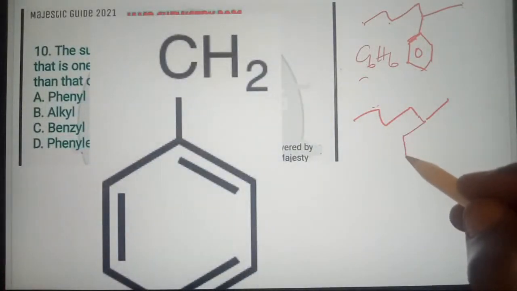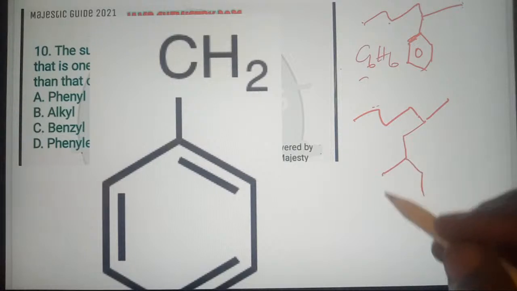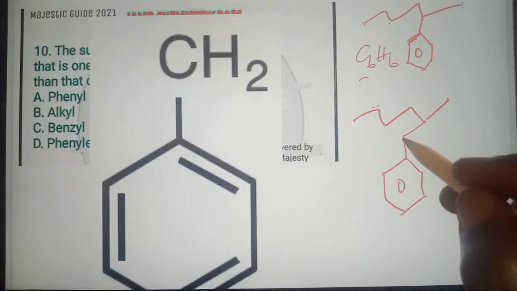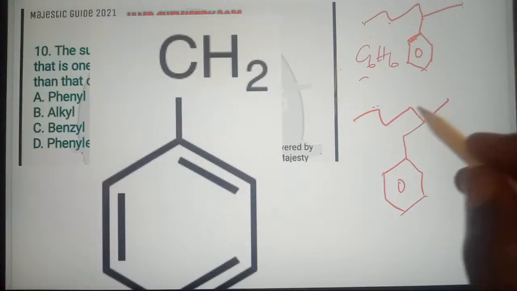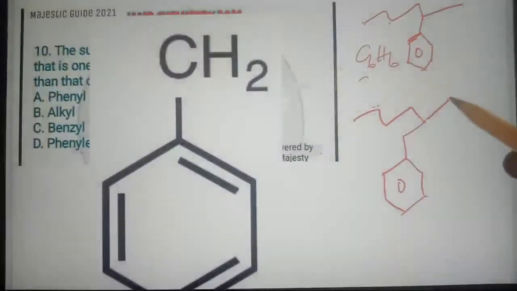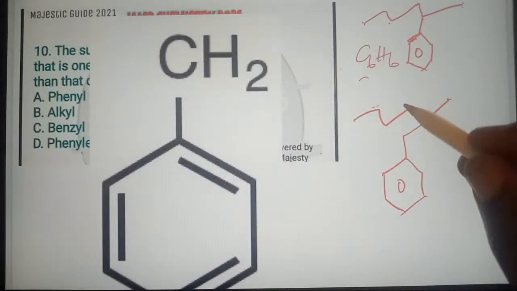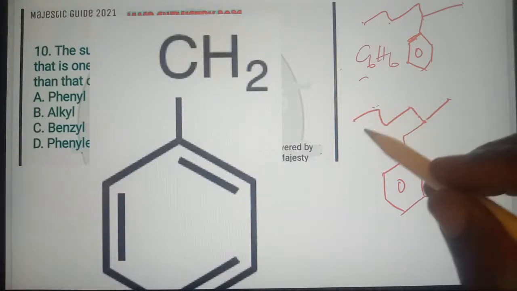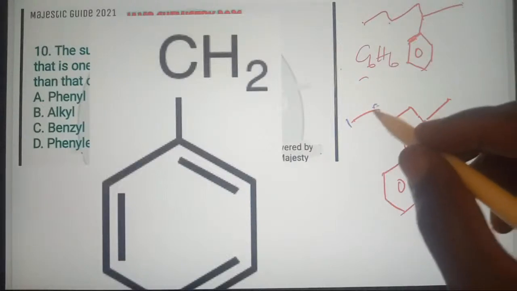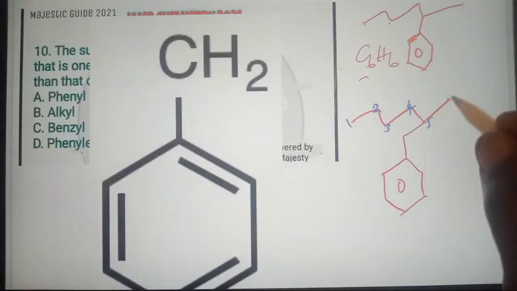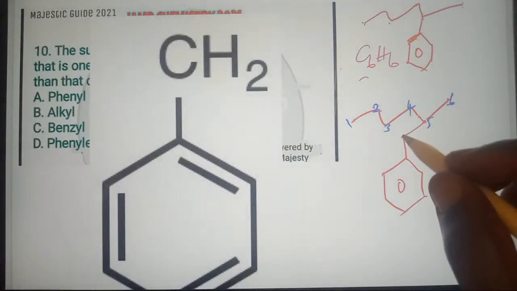Then the benzene attaches. Remember, when drawing this structure, every sharp bend means carbon. Like here, carbon, carbon, carbon, carbon, carbon, carbon. So how many carbons do we have here? We have 1, 2, 3, 4, 5, 6. The nearest one should be 1. Then here is also a carbon because of the sharp bend.